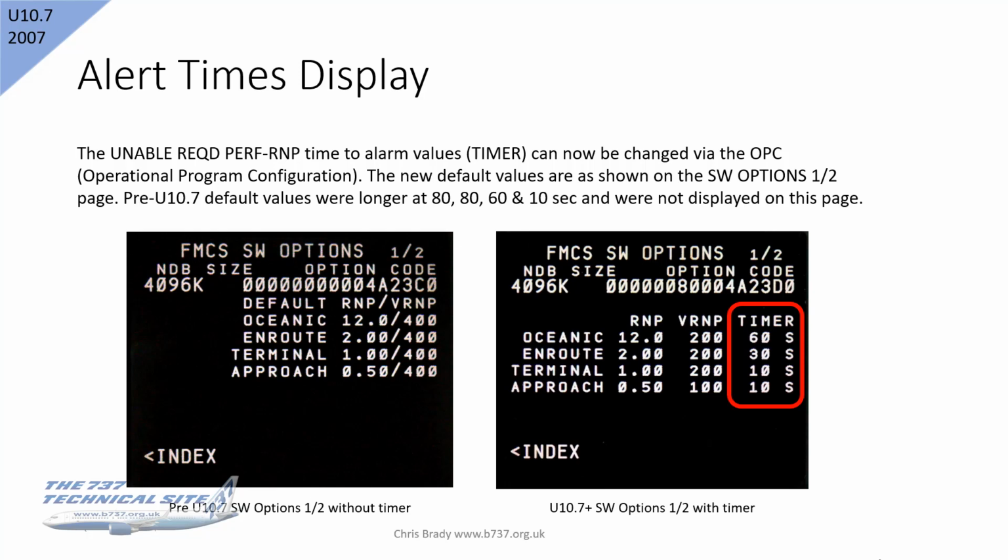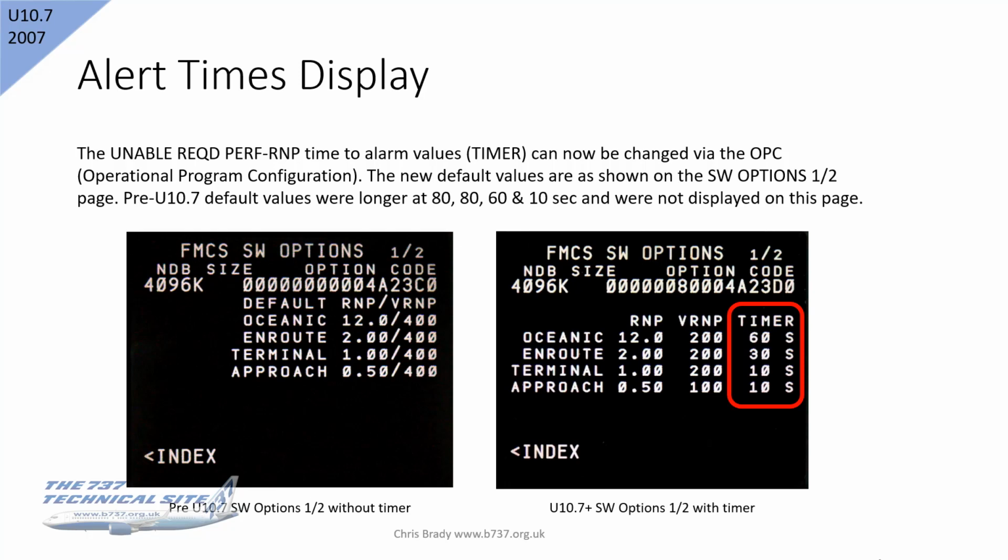Alert times display. The unable required perf nav, perf RMP time to alarm values. These are the figures that will flash up an alert if you're beyond the RMP. So the times for these can now be changed via the software, the operational program config software, rather than having to use Smith's default figures.